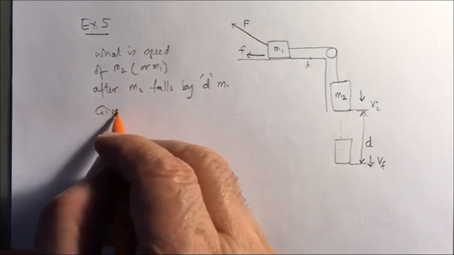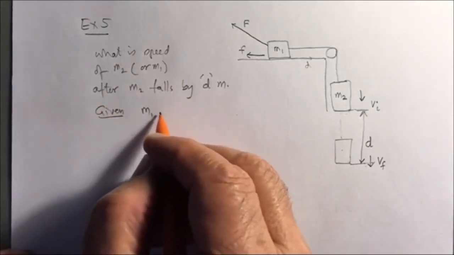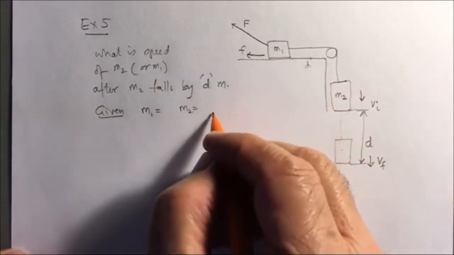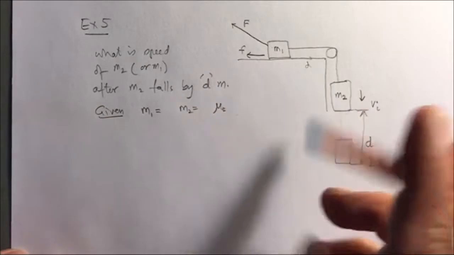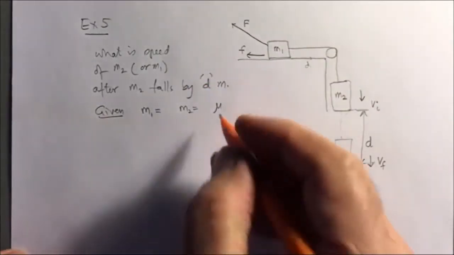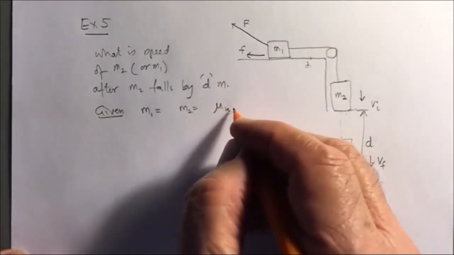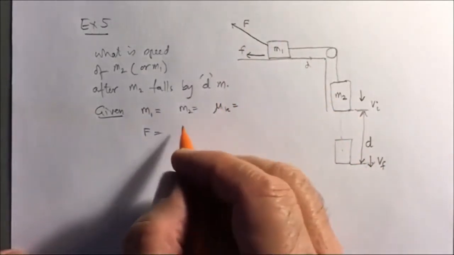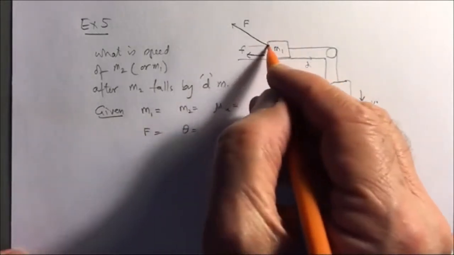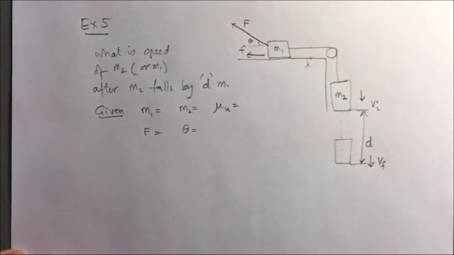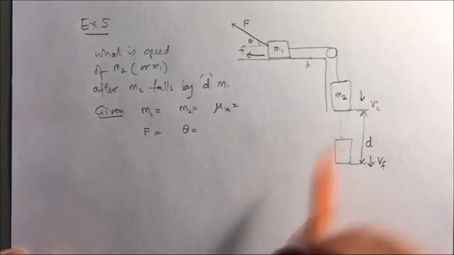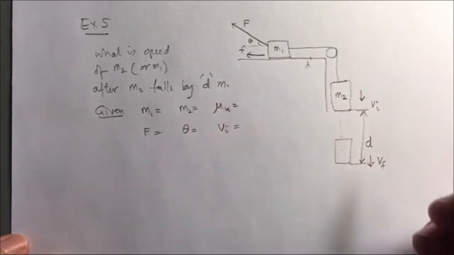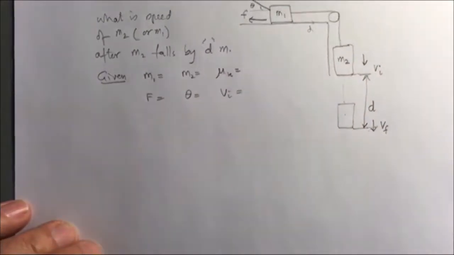Things that need to be given to us are m1, m2, the coefficient of kinetic friction, the value of the force pulling it, the angle theta, and v initial. That's what we should know. Now with this information, we start.